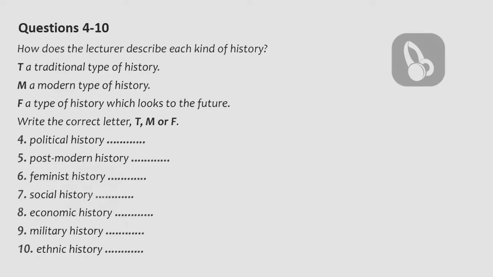Now turn to part 2. Part 2. You will hear a podcast on Canberra's theme park.